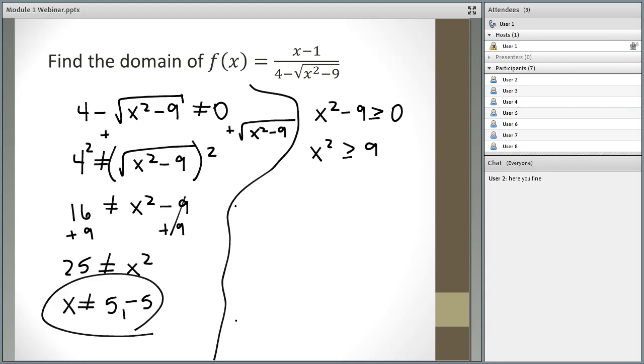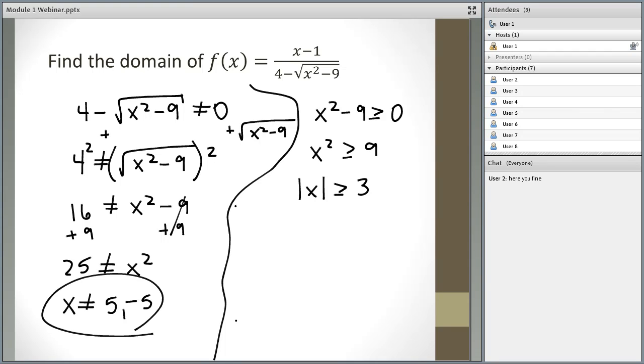And what happens when I take the square root of both sides is a little bit different than before. I get that the absolute value of x has to be greater than or equal to 3. Because basically what this is saying is x squared has to be greater than or equal to 9. So if I plug in negative 3, for example, that would be greater than or equal to 9 once I square it.